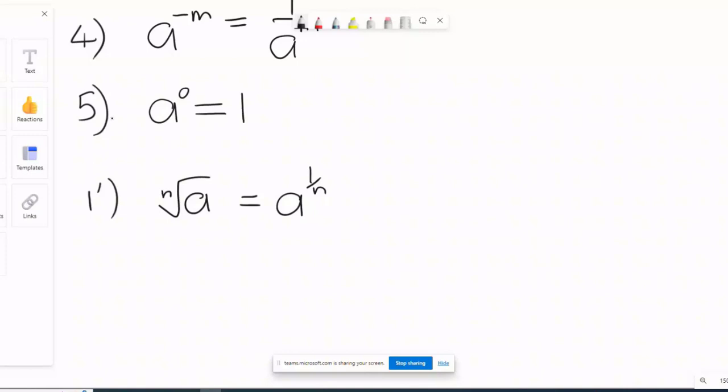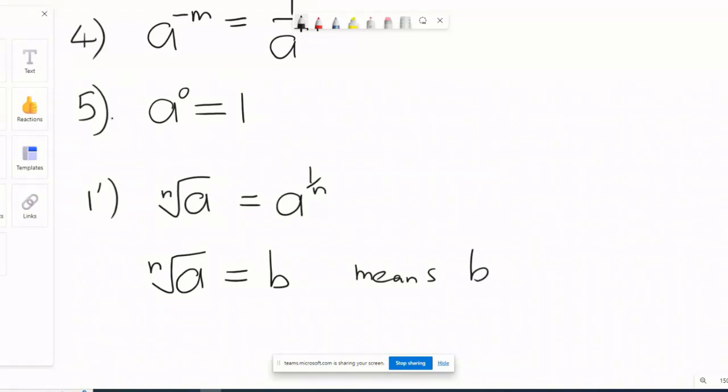Of course, what does this mean? If I say to you, for example, the nth root of a is equal to b, what does this mean? This means that a is equal to b to the n.